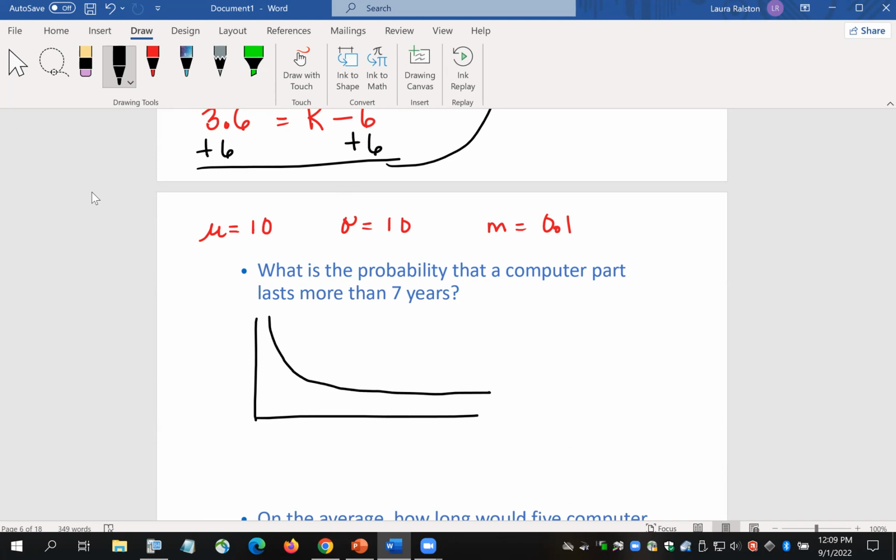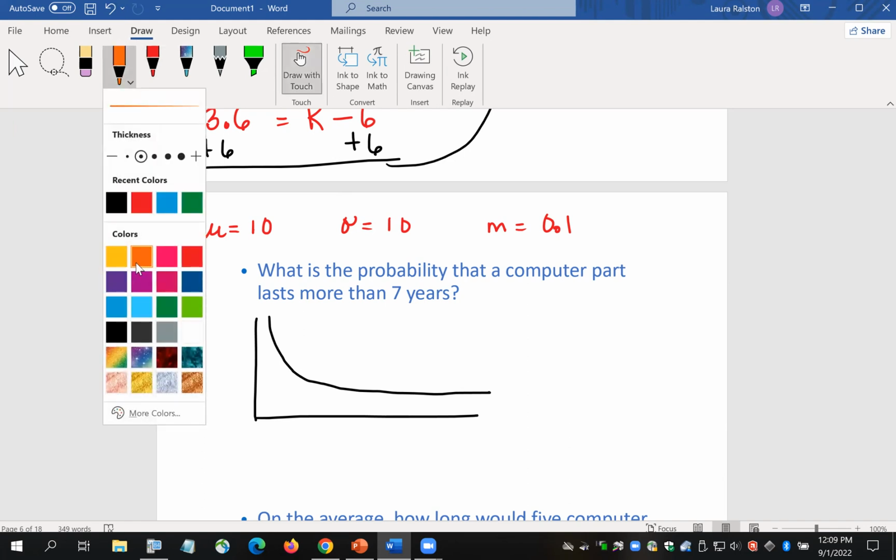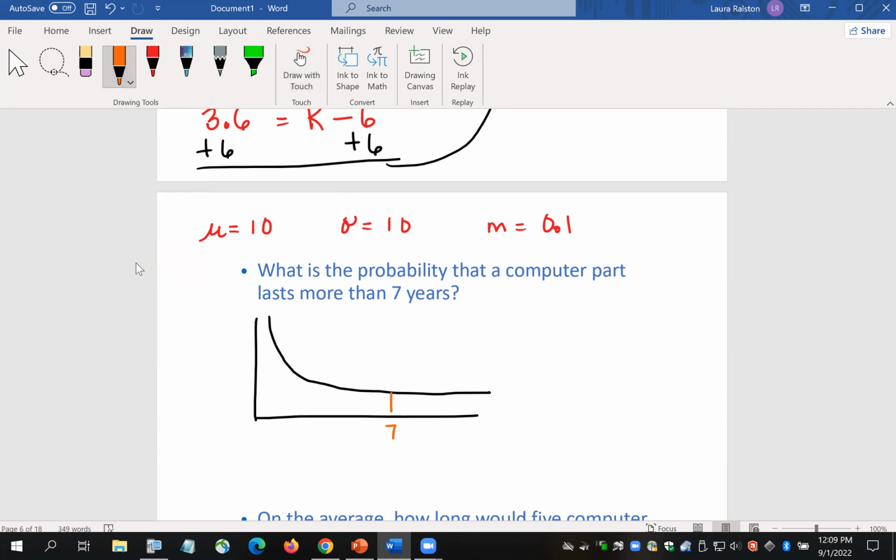We know the average is 10, so they want us to look at what's going on from 7, and I'm just going to randomly mark where 7 is. It's going to keep going forever and ever, because remember, this is a continuous probability distribution. So theoretically, it goes out to infinity.